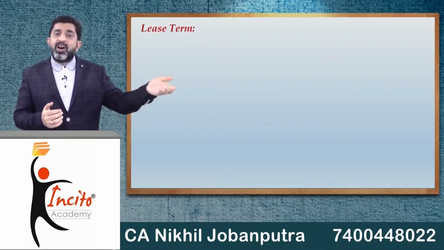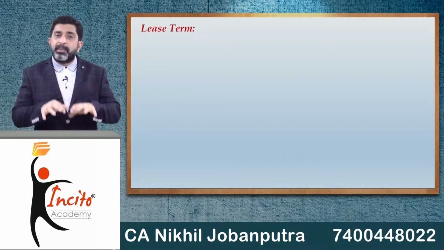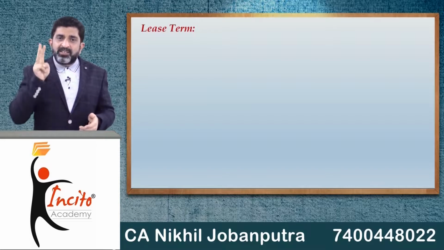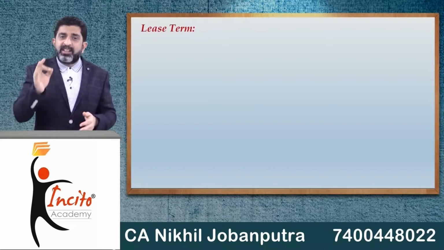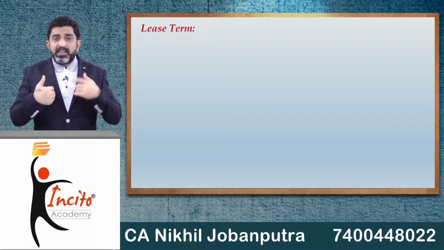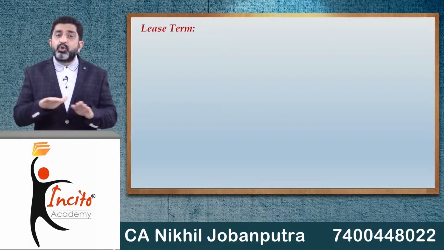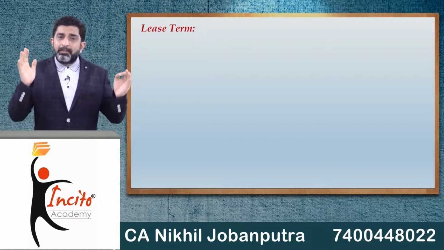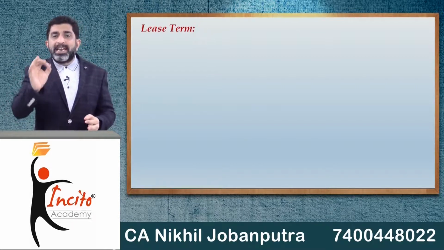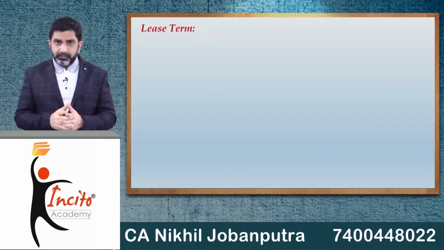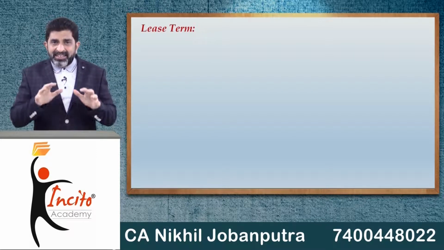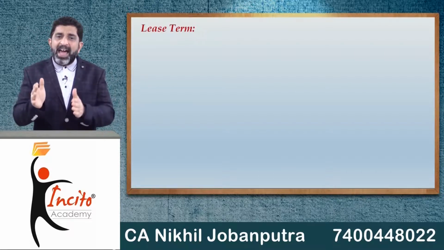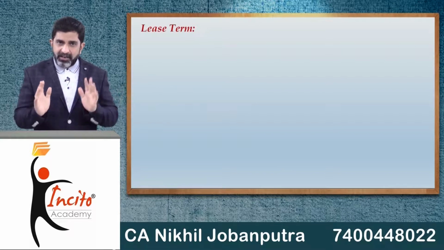That means the lessor has agreed to convey the right to use the building for 5 years. However, out of 5 years, the initial 3 years is such a period where neither the lessee nor the lessor will have right to cancel, and that is why that period is called non-cancelable period of the lease or lock-in period of the lease. So in that example, out of 5 years, 3 years will be considered as a non-cancelable lease period.